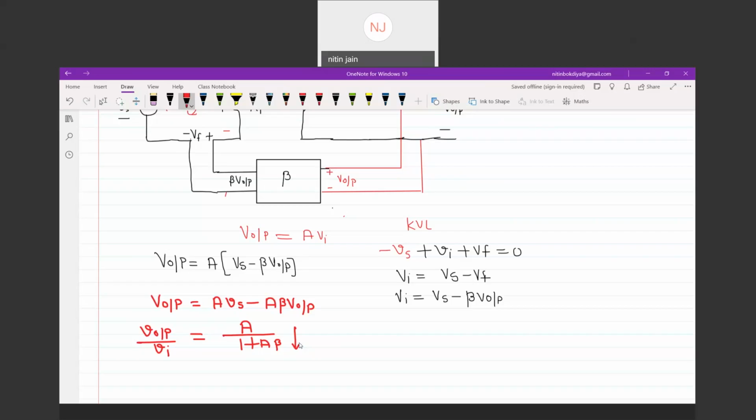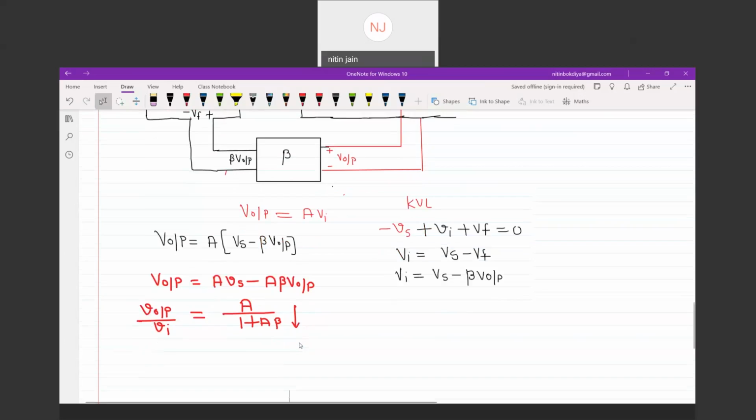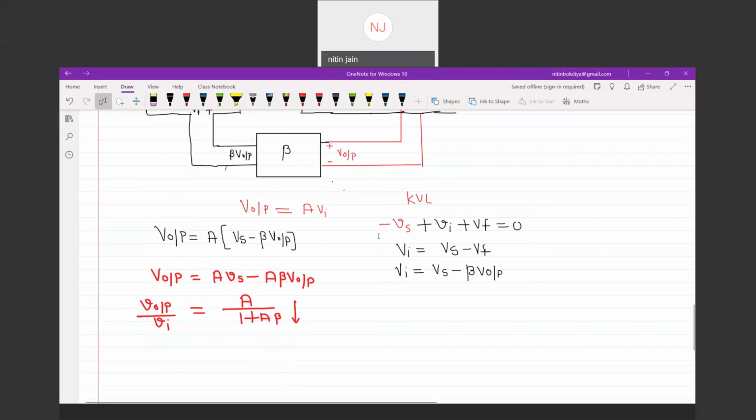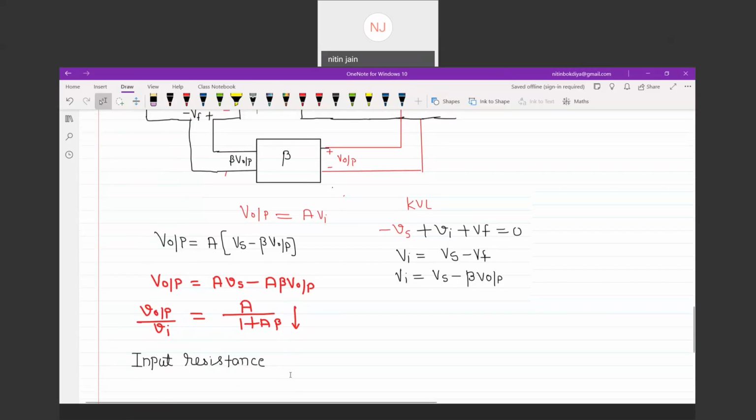Now let's see the input resistance. The next parameter we are interested in is input resistance, Ri, as we are identifying how feedback is helping. Input resistance is nothing but this ratio.